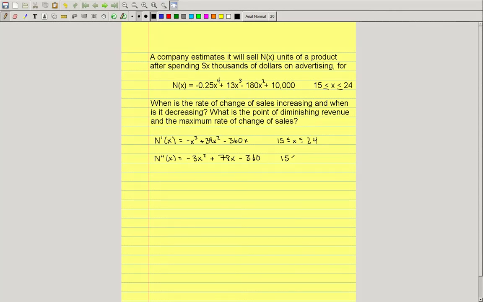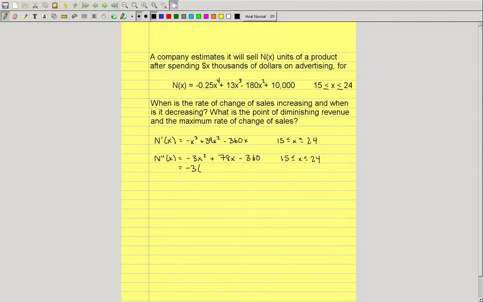Again, carrying over our domain from the original function. We're interested in determining the partition points of the second derivative because we want to find the inflection points of this graph. So let's factor this term.